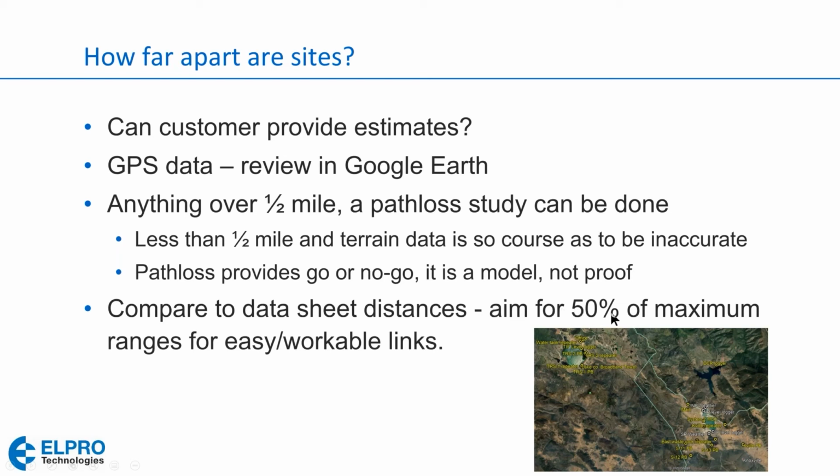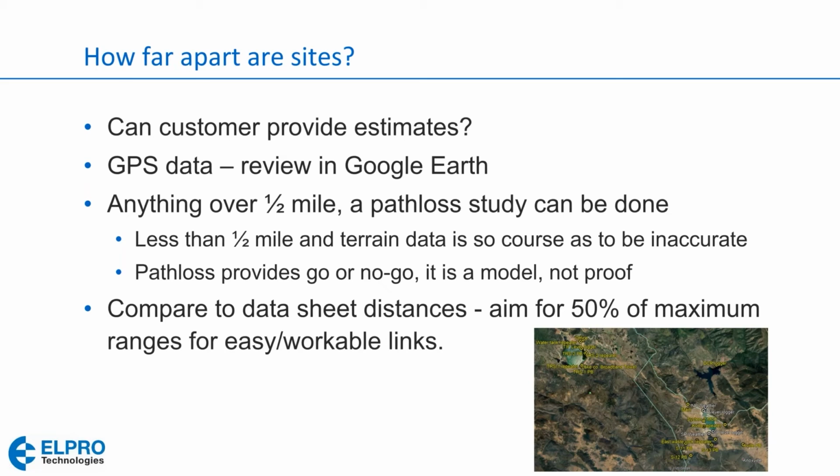So I generally suggest aim for about half, or 50%, of the maximum range for easy and workable links. I say this because antennas need to be mounted higher and higher above ground as the distance gets greater and greater. That's because of the curvature of the earth, the Fresnel zone, and obstructions and things like that.